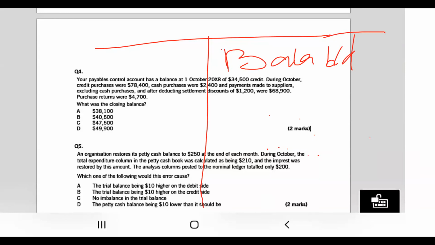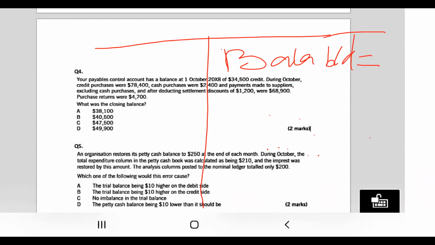Let me start like this. You have this amount that was brought down. Now all these other transactions that you'll be hearing, you have to check, does this increase this credit or reduce this credit that you owe those people? Assuming you owe these people this amount, the balance brought down. I'm trying to make it simple. Then number one, you make credit purchases during the month, like during October.